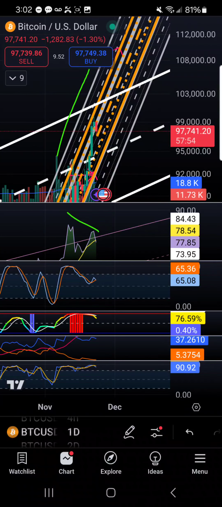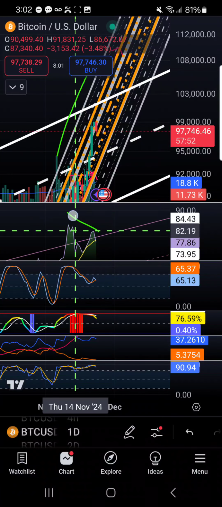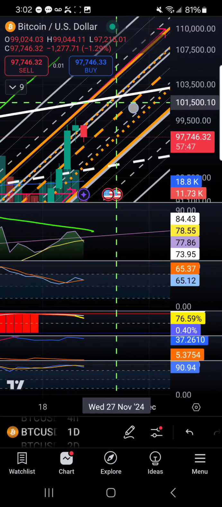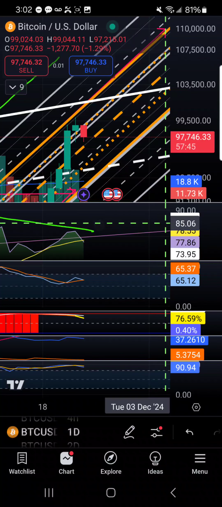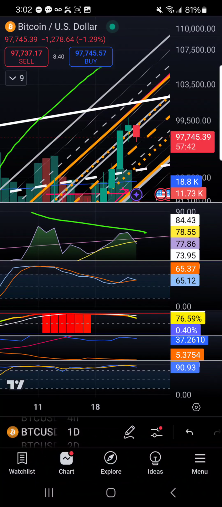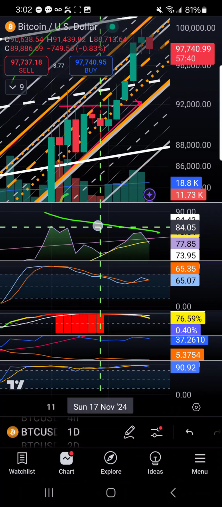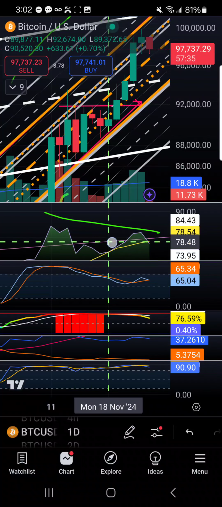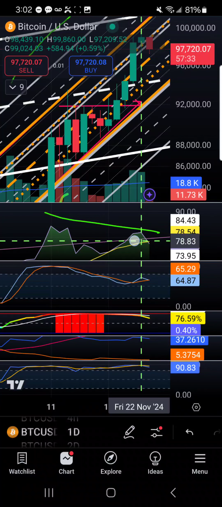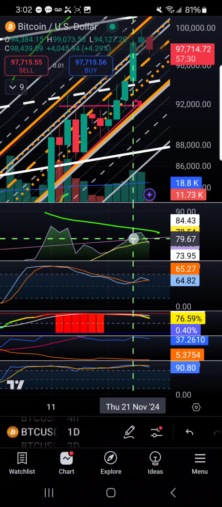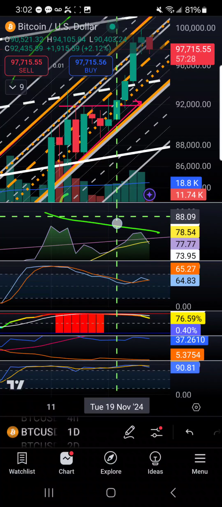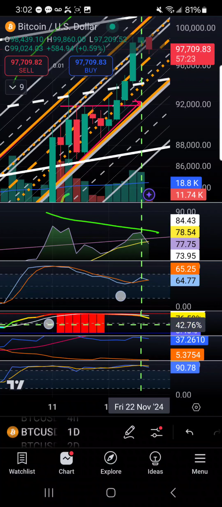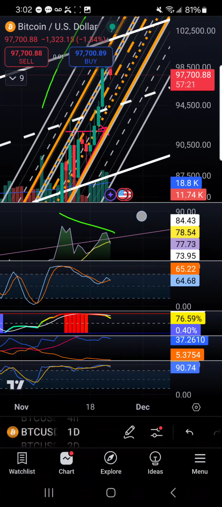And one might argue that this divergence from here to here played out with this candle. I don't know. But from this point to this point, you can clearly see that RSI is not matching the price action. So therefore, down we go.